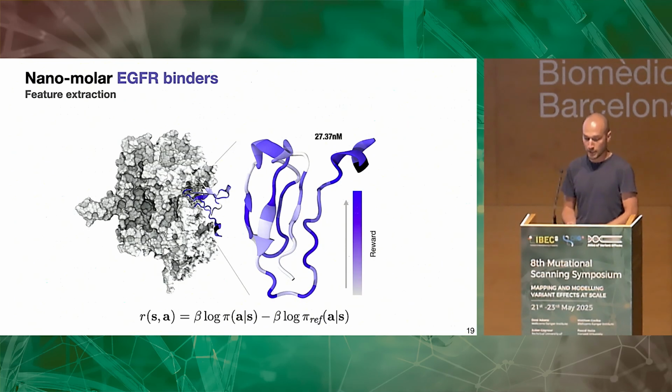What I found very interesting is the fact that you can also extract features from this reinforcement learning campaign. If we compute the log likelihood of each token of the model that we aligned, and we subtract the log likelihood of a reference model, we can retrieve an intrinsic reward at the token level.